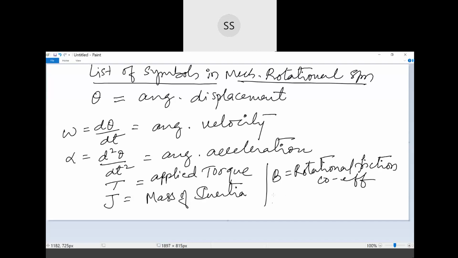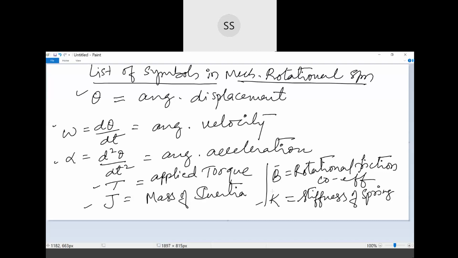And next K, it represents the stiffness of the spring. Therefore, we have the symbols theta, omega, alpha, T, J, B, and K in the case of mechanical rotational systems.